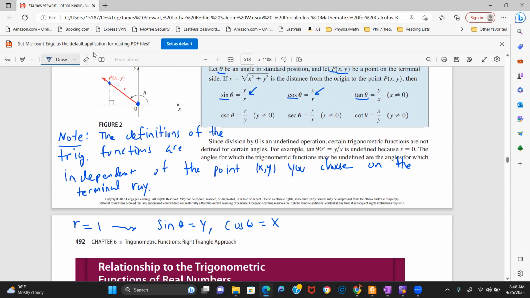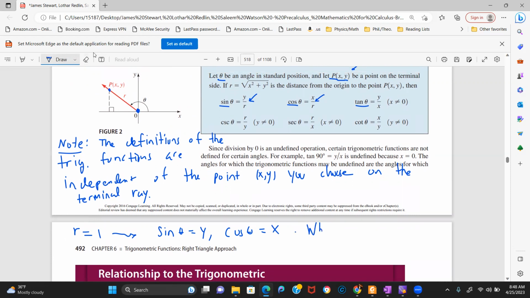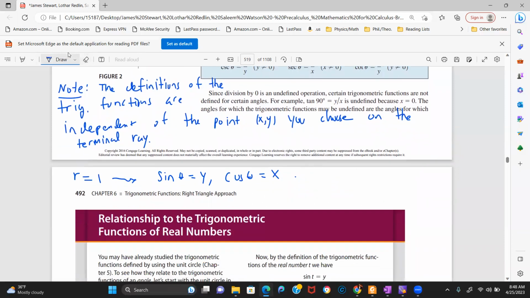So what this shows is that when r equals 1, i.e. when we're talking about a unit circle, we recover the definition of trig functions from chapter 5.